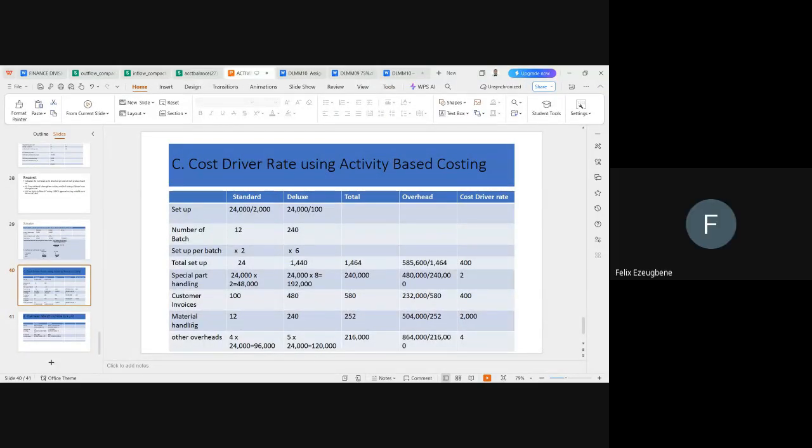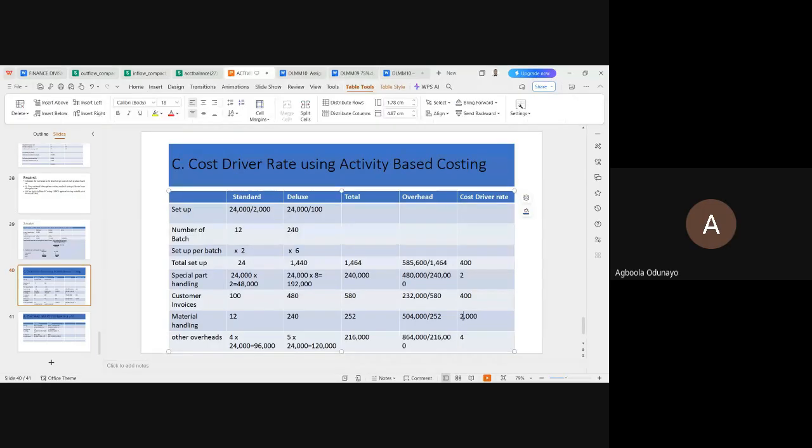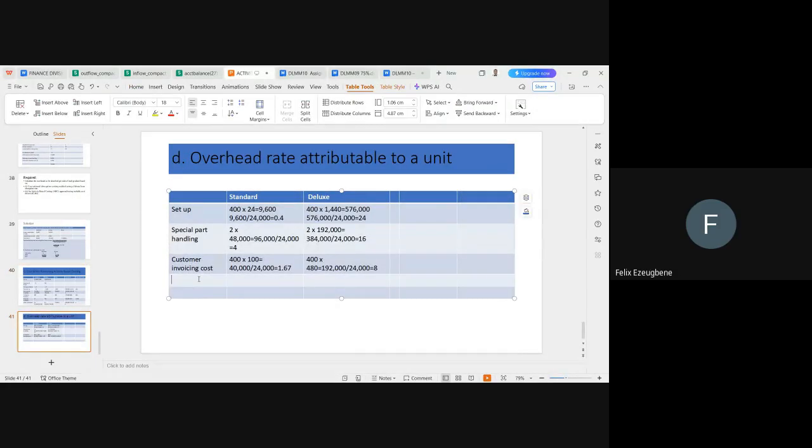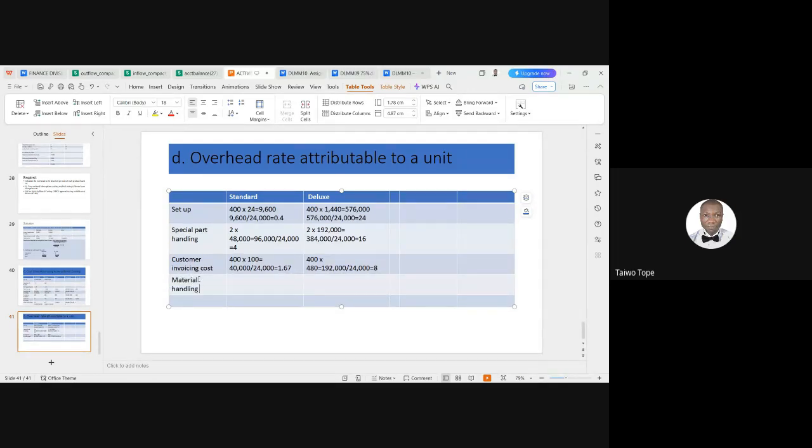Material handling. The material handling cost for 1 is 2,000.